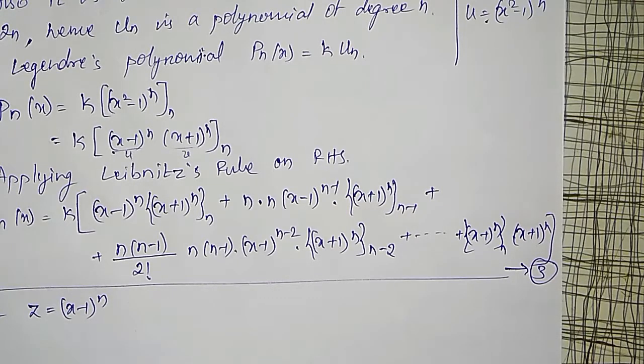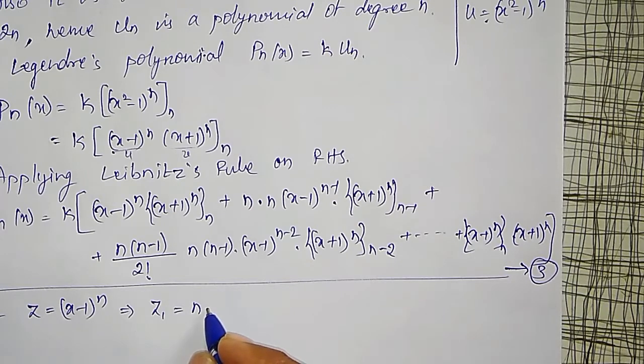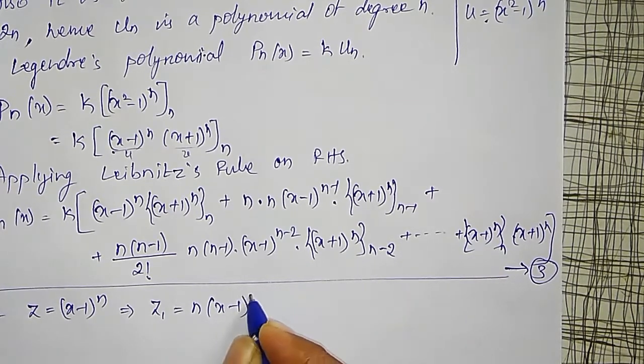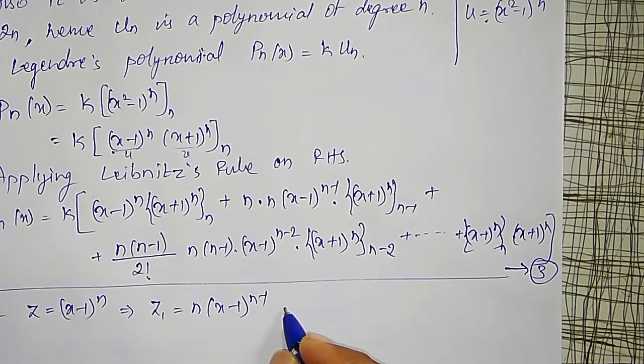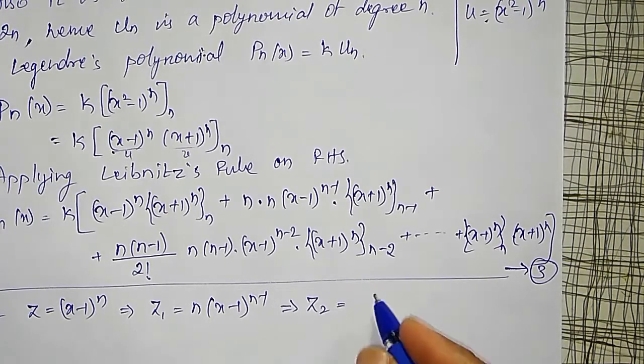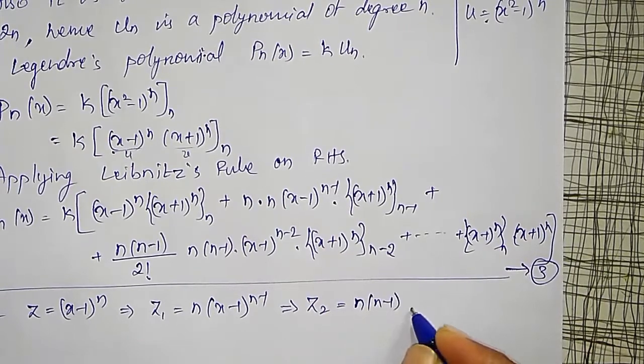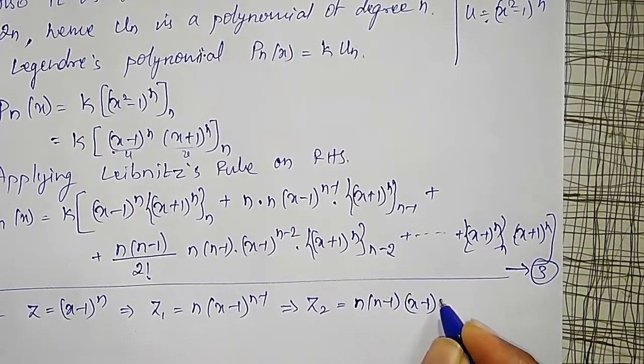Then the first derivative z1 is n into (x minus 1) raised to n minus 1, and z2 is n into n minus 1 into (x minus 1) raised to n minus 2.